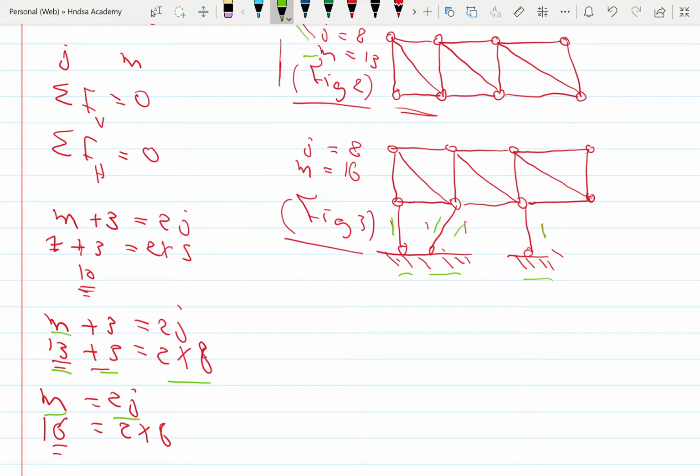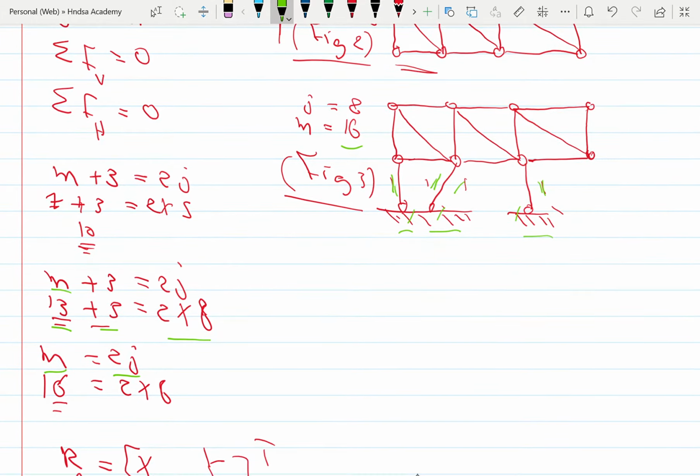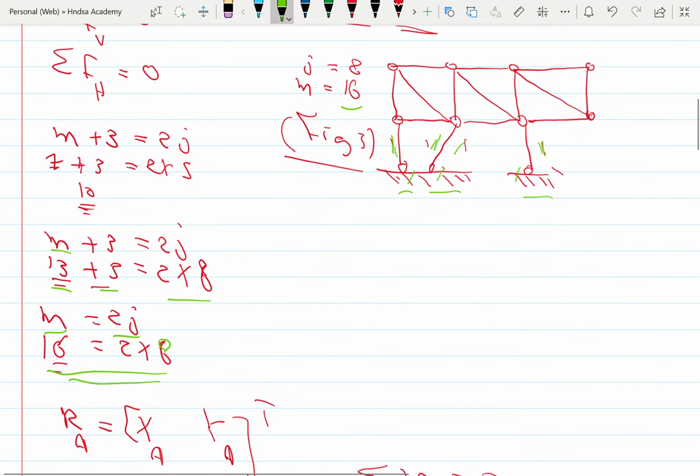If the truss stands on 3 beams like this one, you count the 3 beams as well with the members. So if you count all this, you'll get 16 members. The joints, you don't include the one in the base. You don't include this joint. It will be 8. So the formula will be 16 equals 2 times 8. So it also satisfies what we just said.